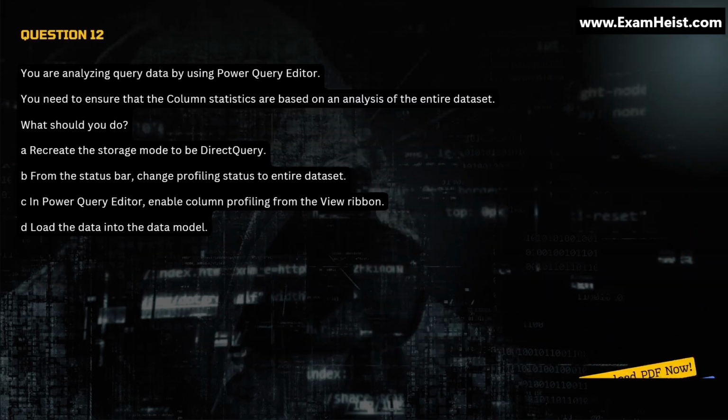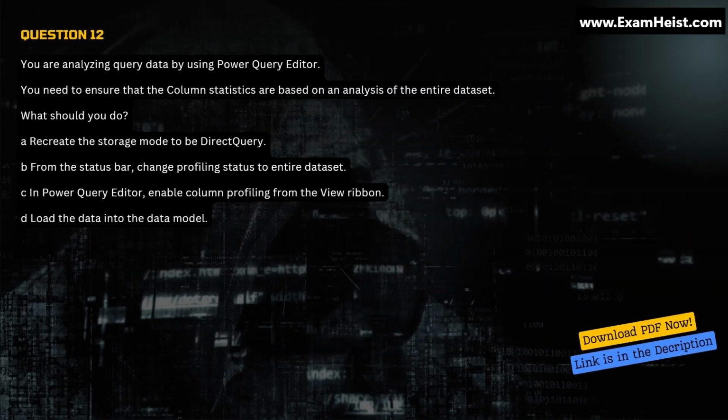Question 12. You are analyzing query data by using Power Query Editor. You need to ensure that the column statistics are based on an analysis of the entire dataset. What should you do? A. Recreate the storage mode to be direct query. B. From the status bar, change profiling status to entire dataset.